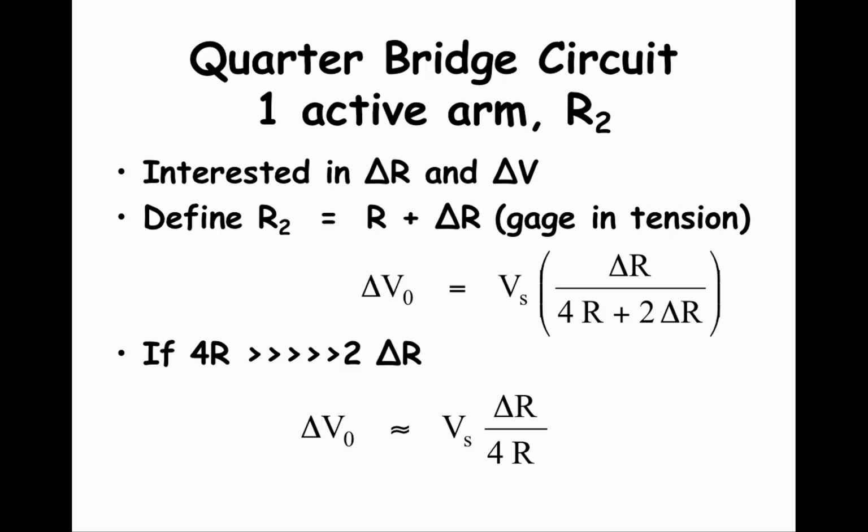The next step is to recognize that the resistance R is going to be much larger than delta R. Therefore, the change in the output voltage of our Wheatstone bridge circuit will be very close to Vs times delta R over 4 times R.